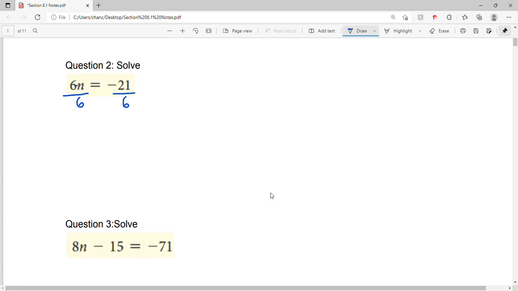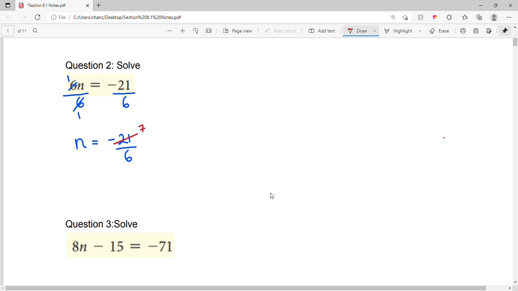And on the left, we have 6 divided by 6, which reduces to a 1. We don't write 1n, we just write n on the left. And that's equal to, on the right, we have negative 21 over 6. And we could reduce this. They have a common factor. Let's divide the numerator by 3. We get a 7.